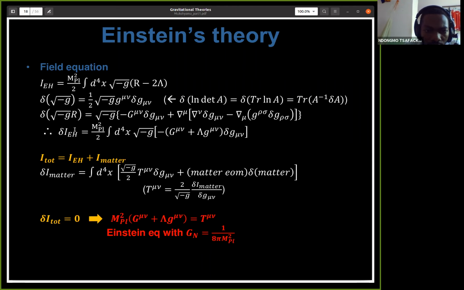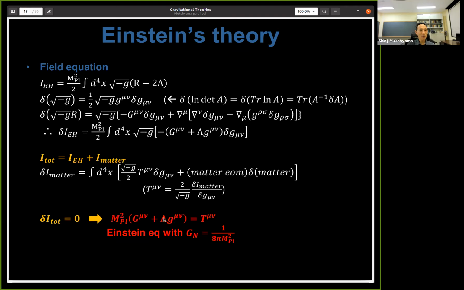We combine this, and then we demand that the sum of this and this vanish. Then from this we get this, and from this we get this.